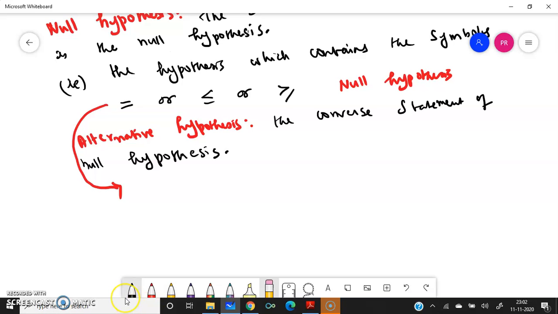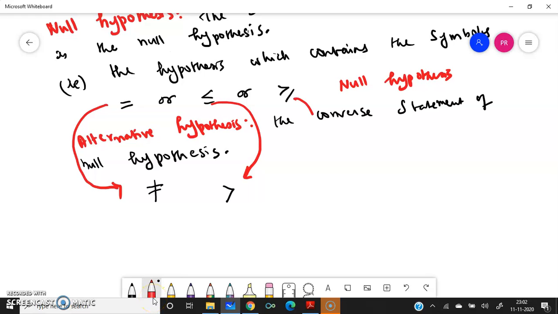What is the converse of greater than or equal to? What is the converse of lesser than or equal to? It is greater than.